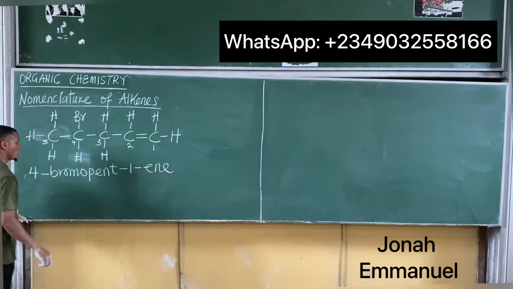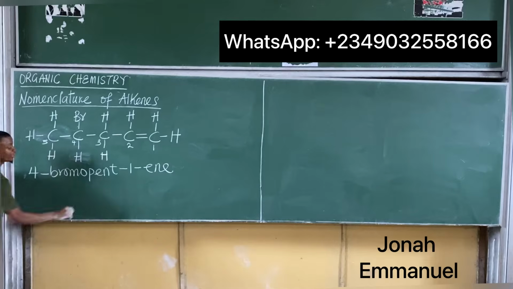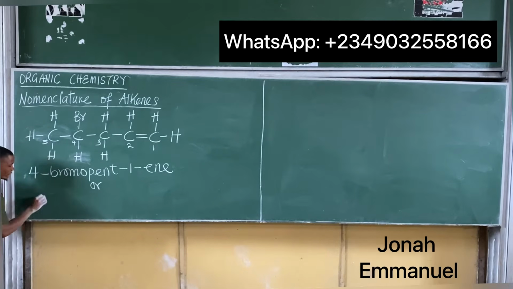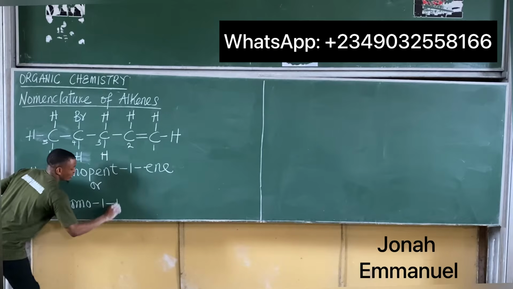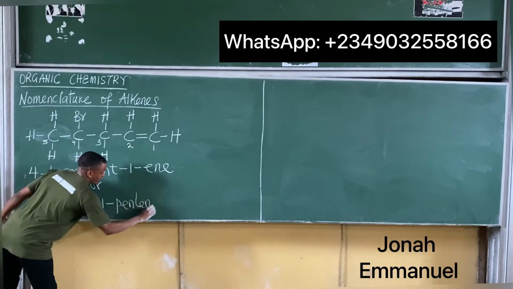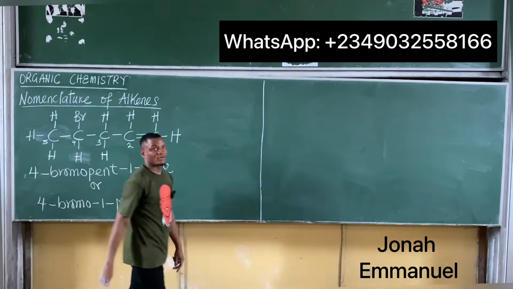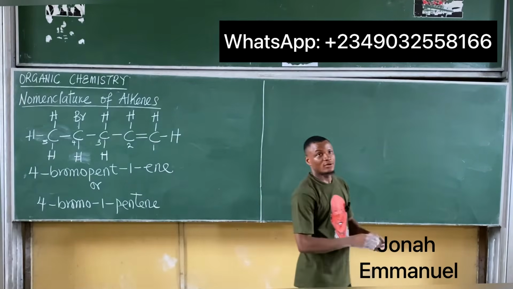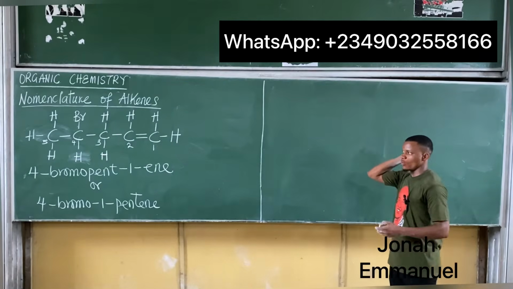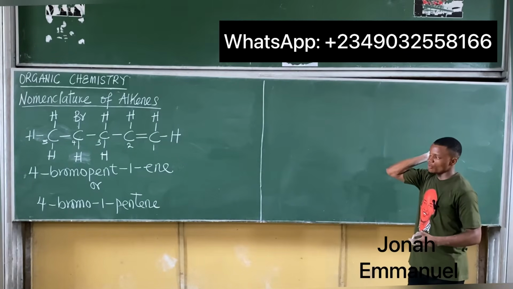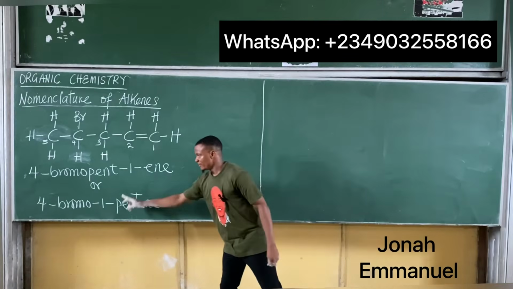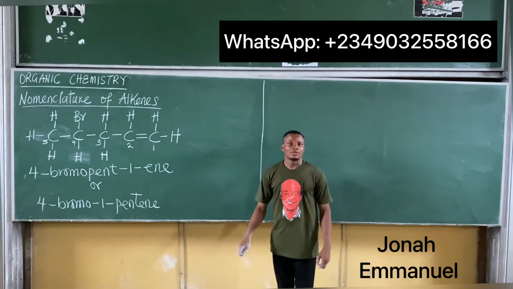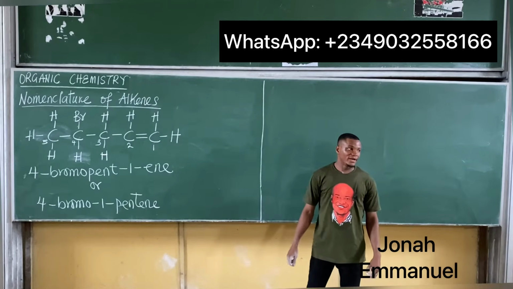So it's called 4 bromo pent 1 ene, or 4 bromo 1 pentene. So I have this. So that's the name. 4 bromo pent 1 ene, or 4 bromo 1 pentene. See the way I play with the numbers. See why I play with the numbers.